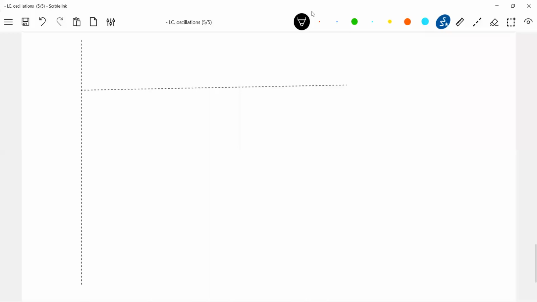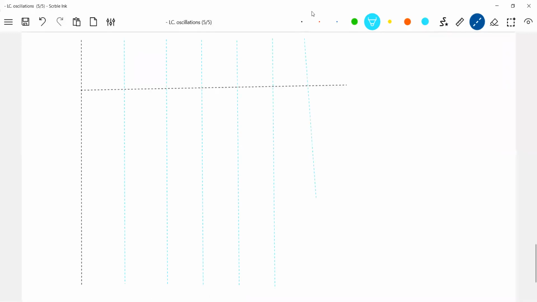Charge, it was a cosine function. 1/4 of the time period. It's a sine function.